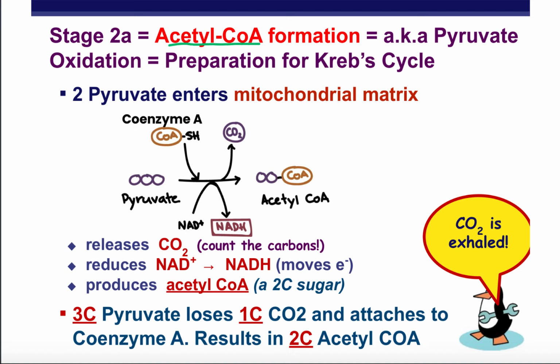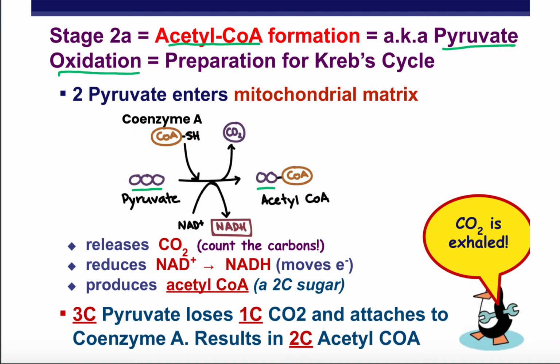It's also known as pyruvate oxidation because pyruvate is being broken up, right? Oxidation is loss. So pyruvate is losing energy and becoming smaller when it becomes acetyl-CoA, because pyruvate has 3 carbons while acetyl-CoA has 2 carbons.